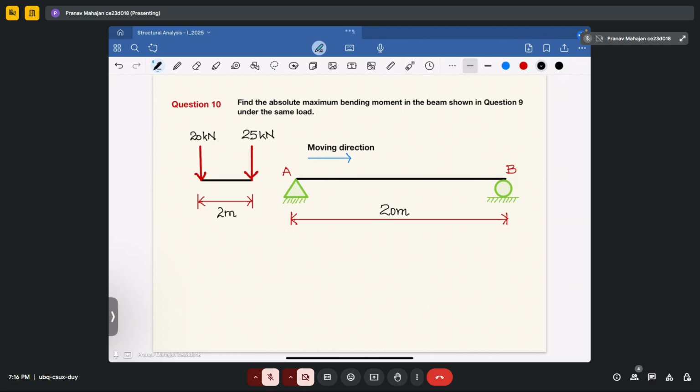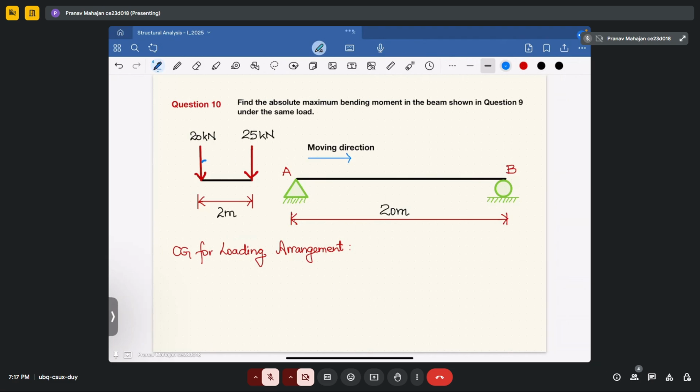What I am trying to explain is that we will first determine the CG of this loading arrangement, how it will look, meaning at how much distance it will come.